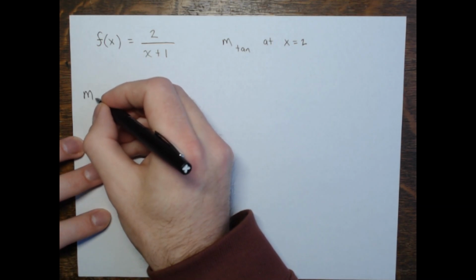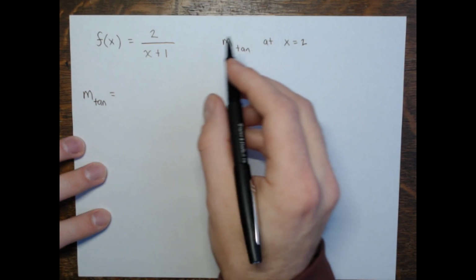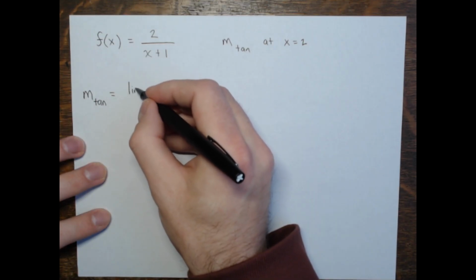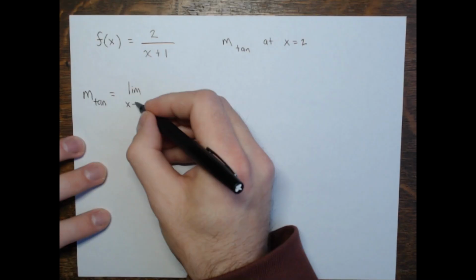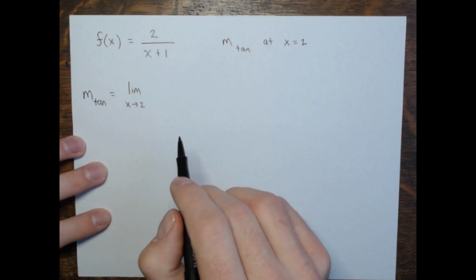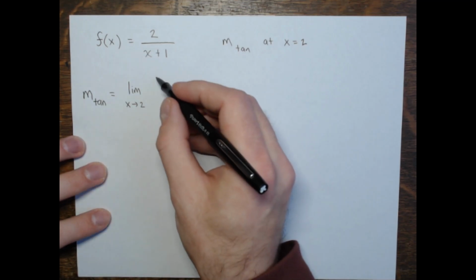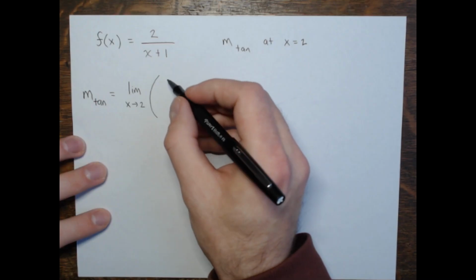The slope of the tangent line at x equals 2 would be the limit as x approaches 2. Because again, we're going to be at 2, and then go to some other x value that's not 2, find the slope of the secant line, and then have x approach 2 to get the slope of the tangent line.